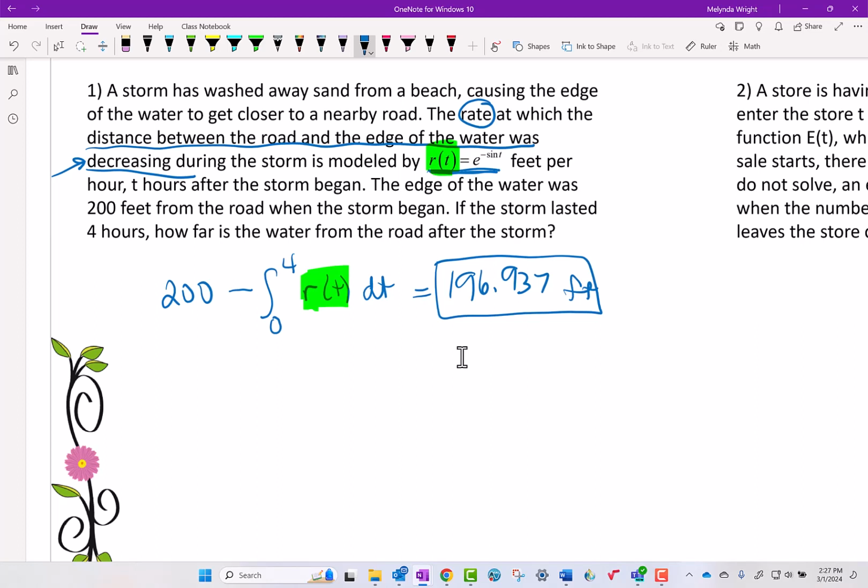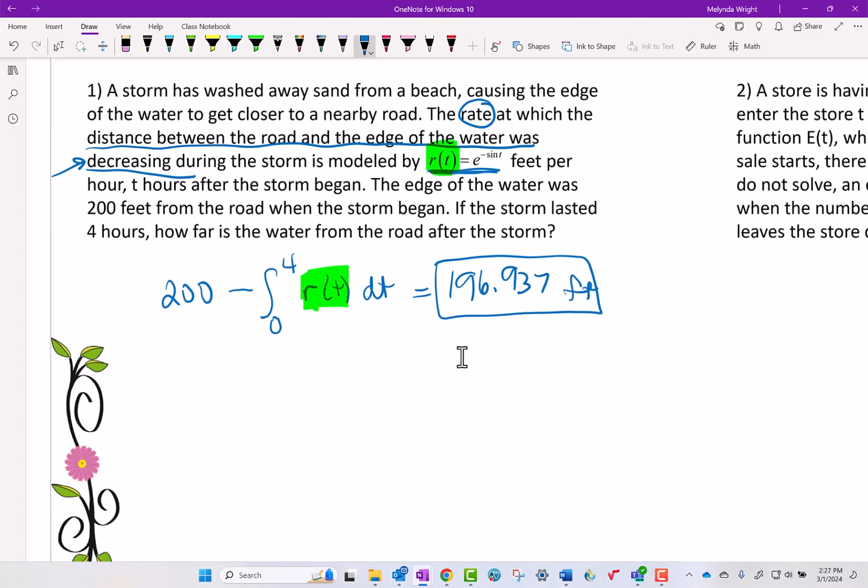And so we put the minus there. Does that make sense? Just be careful that what you get is what you're expecting to get. Since they said that it was decreasing, we should expect to get a smaller number. If we got a bigger number, we accidentally added this instead of subtracted it. Okay? Is everybody all right with that?